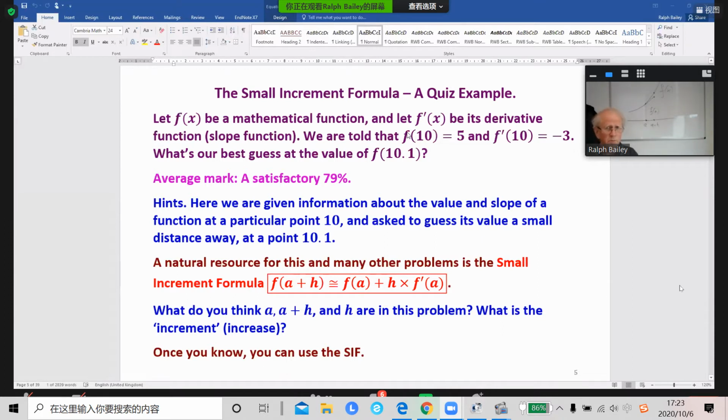We're told that's -3, and then the small increment formula will give us our approximation. I'm not going to take it further, because it was a question on a previous quiz, and I hope it won't give too much trouble, because 80% got it correct when I set it in a quiz.